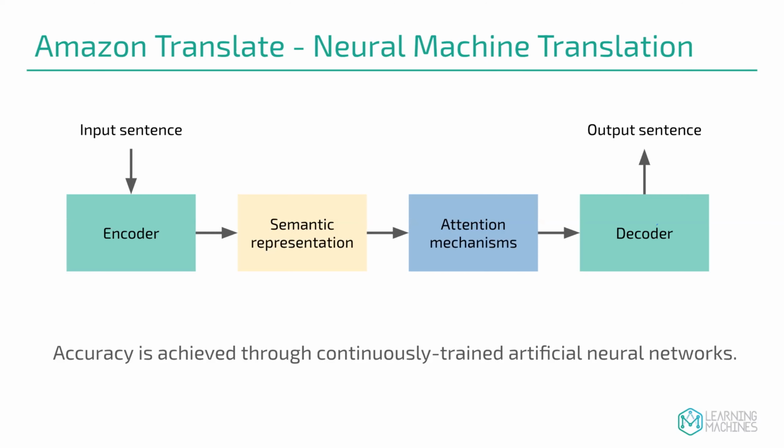And so Amazon Translate is built around these neural machine translation models, and it's continually updated. So without you having to do anything, these neural machine translation methods are being upgraded in the background, and you get the benefit of the state-of-the-art technologies as they are being developed.